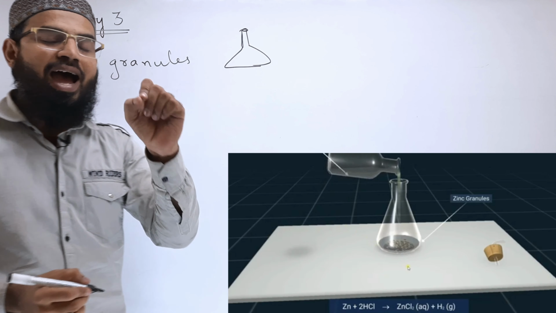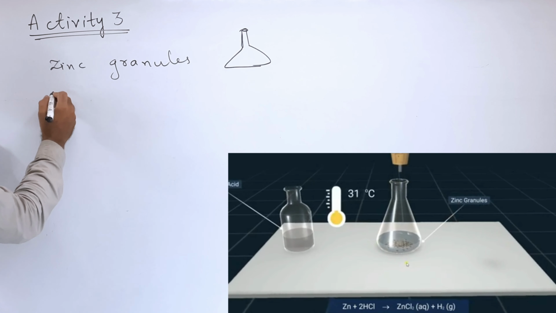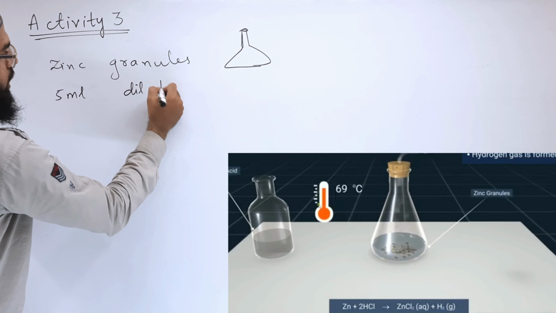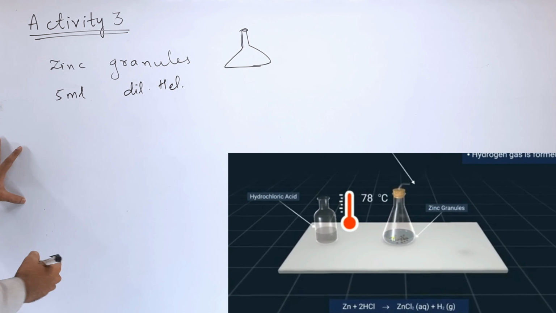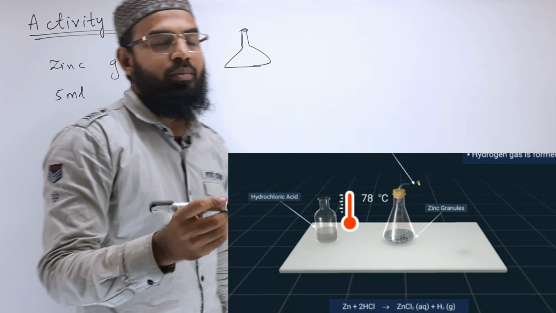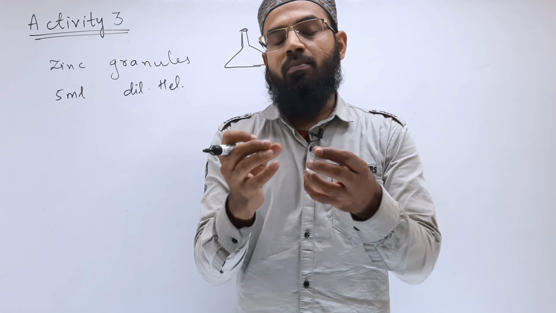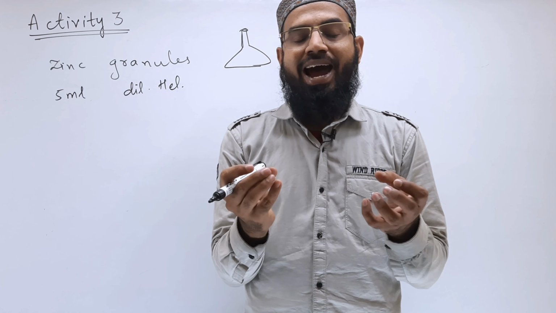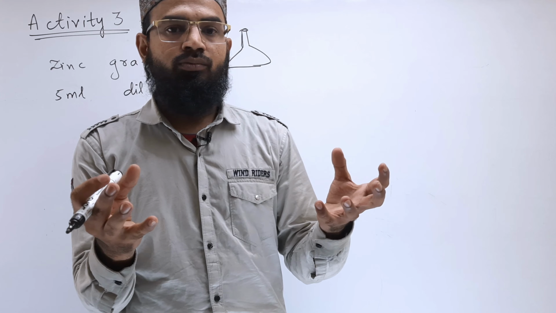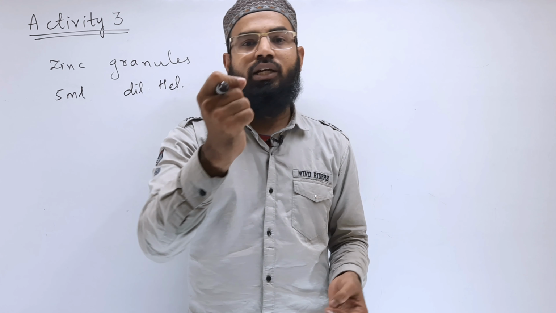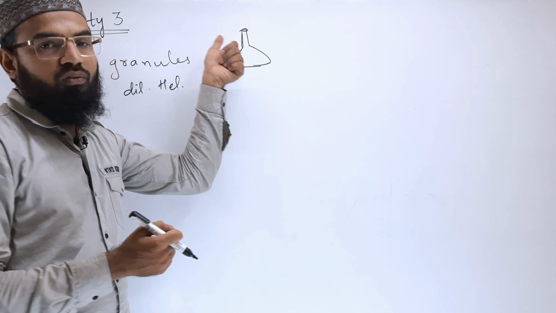Next, we need to add 5 ml of dilute HCl to it. When we add it, we can observe that bubbles are forming and a gas is evolving. For testing that gas, we bring a burning matchstick near the mouth of the conical flask.